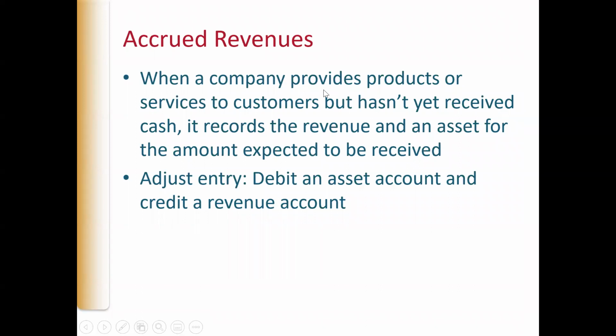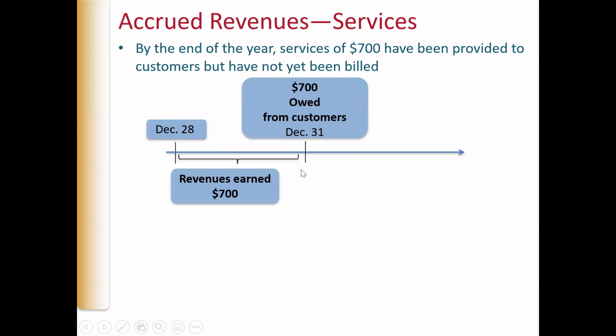Accrued revenues: when a company provides products or services to a customer that hasn't yet received cash, it records the revenue and an asset for the amount expected to be received. So let's look at this. By the end of the year, services of $700 have been provided to customers, but we've not billed or invoiced them.